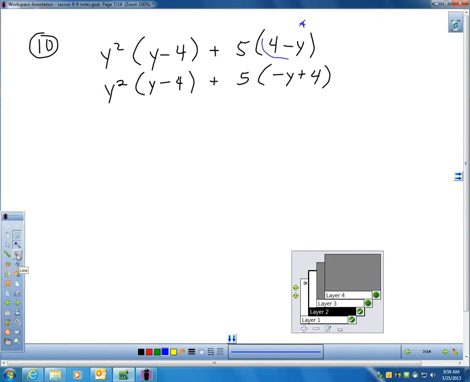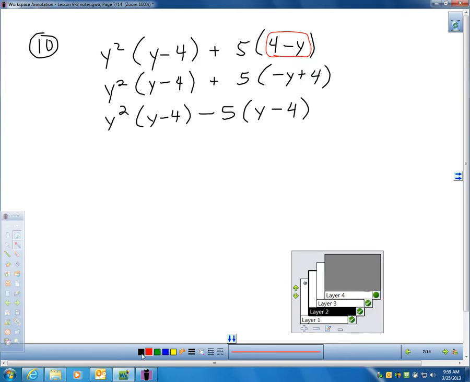I'm going to do this in red because y minus 4 is not written properly. I do not have the highest degree term first. So let's fix that. And when I write it here, I fixed it. Okay, well, let's factor out a negative 1 from negative y plus 4. So if I factor out a negative 1, think about it.